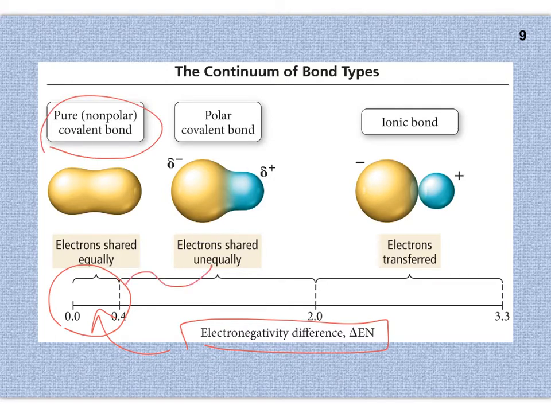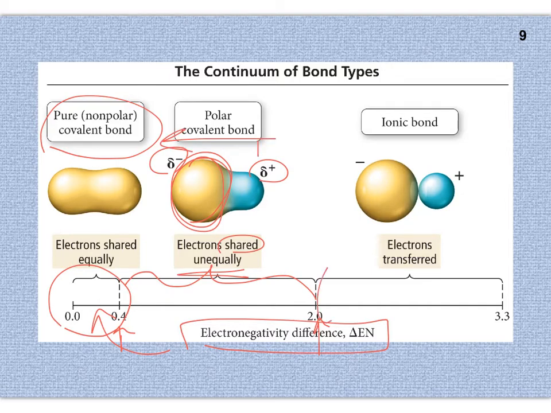If the difference in electronegativity is moderate, specifically between 0.4 and 2, we still call it a covalent bond. The bonding electrons are shared but unequally. One of the atoms is significantly more electronegative than the other, and we have these partial charges or dipole setup and a polar covalent bond.